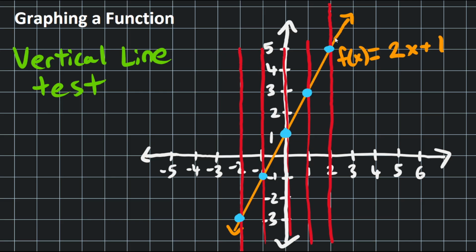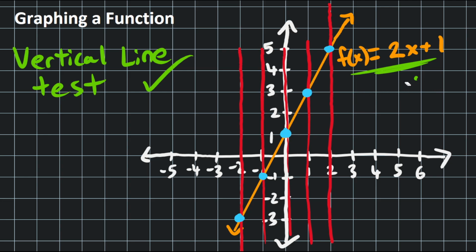It doesn't touch it twice, 3 times, 4 times. It only touches the graph, the orange line, once. So that means it passes the vertical line test, and if it passes the vertical line test, then we know for sure this is a function.